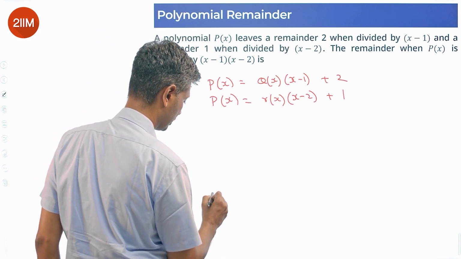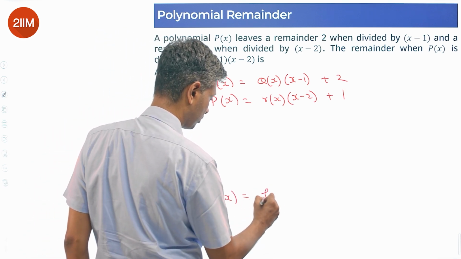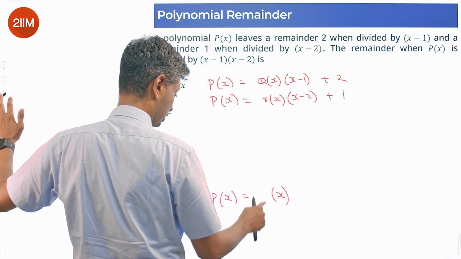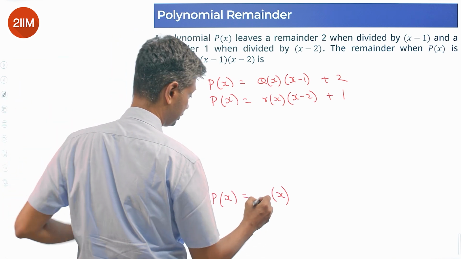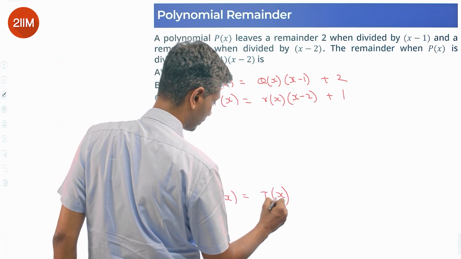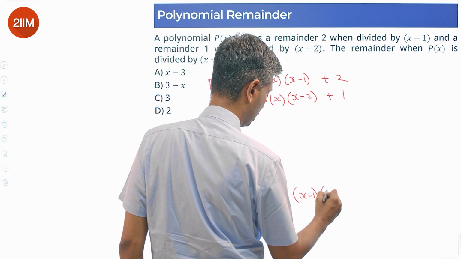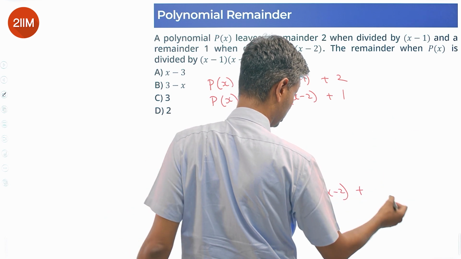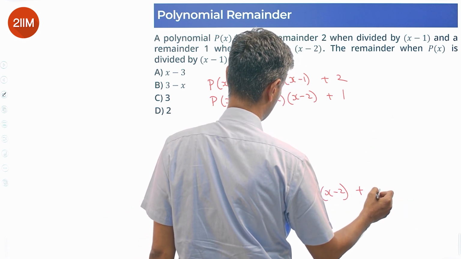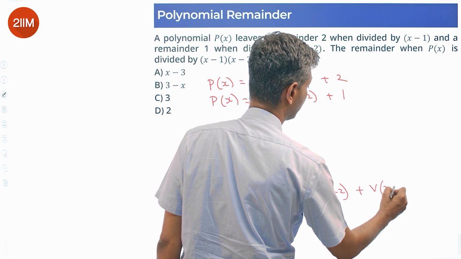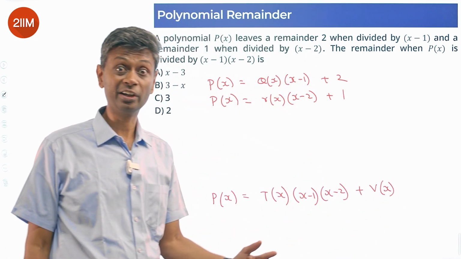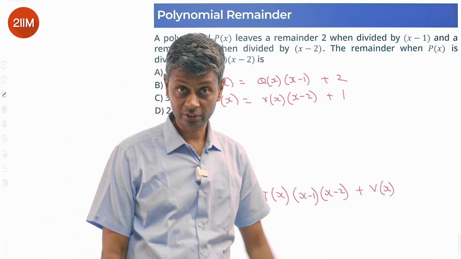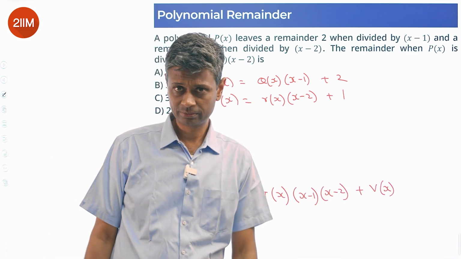We want to write p of x as some t of x into x minus 1 into x minus 2 plus some remainder, v of x. Remainder need not be just a number. It could itself be a function of x. We want to find what this v of x is.